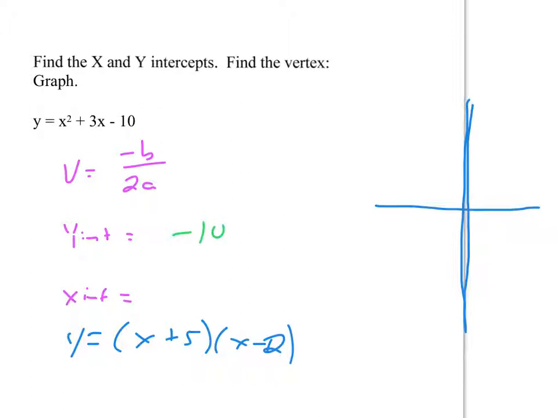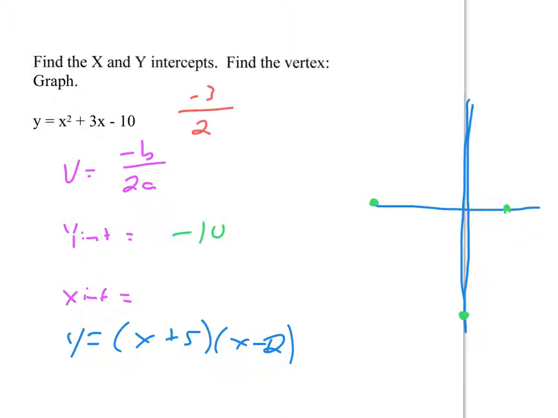So therefore, our x-intercepts, I'm sorry, are going to be at negative 5 and positive 2. We have a y-intercept of negative 10.